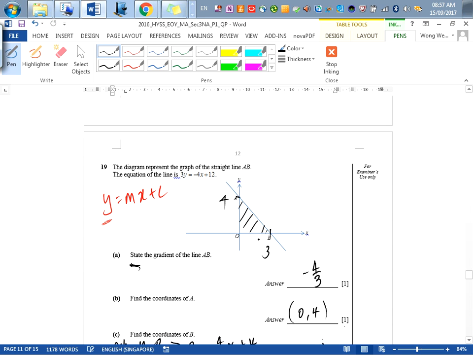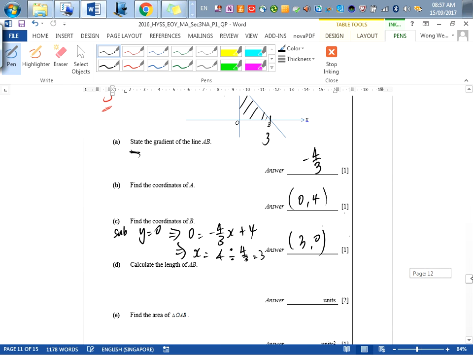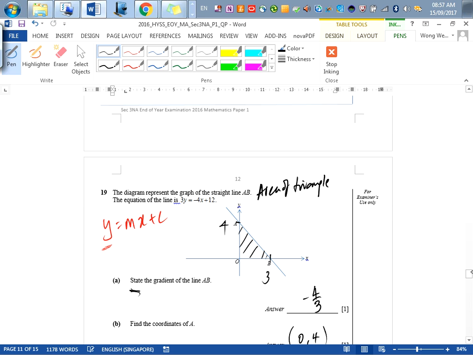We know two formulas for finding the area of a triangle: half ab sine C and half times base times height. Which one is easier to use here? What do they want? Oh no, length, sorry. Asking for length only, not area of triangle.